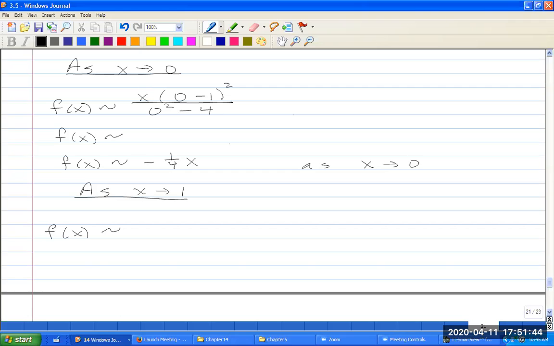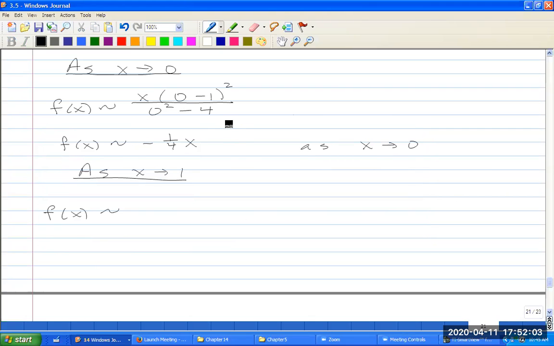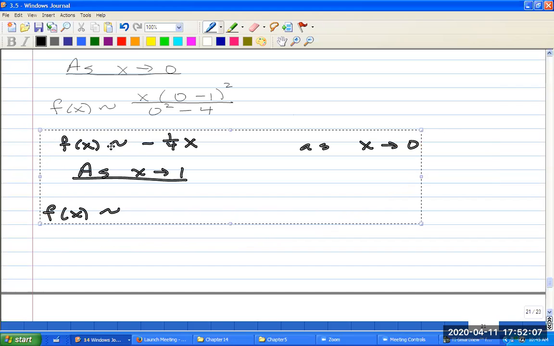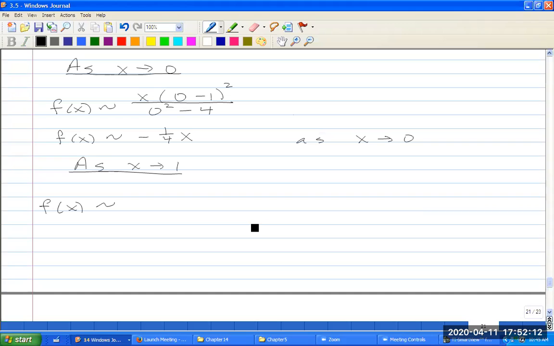Okay, so let's use that instead. As x goes to 0, this will just be negative 1 squared, which is 1, divided by negative 4, which gives you what I had from before. That's a little cleaner. F of x approaches negative 1/4 x as x goes to 0.